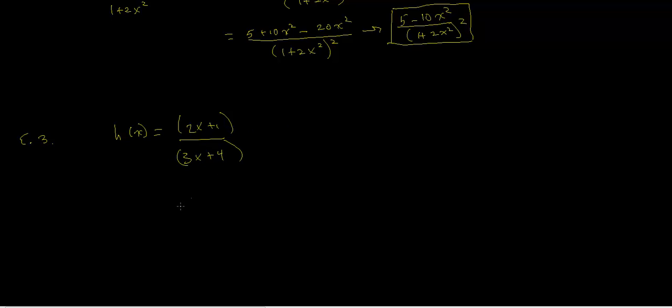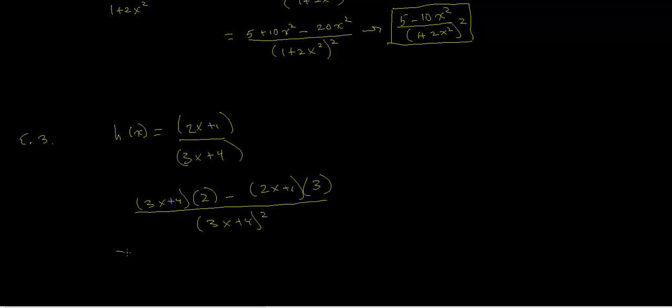Okay. Again, our derivative, using our quotient rule, we take the lower function, which is 3x plus 4, multiplied by the derivative of the upper function, which is, in this case, just 2, minus the upper function, 2x plus 1, multiplied by the derivative of the lower function, which is going to be 3, and everything divided by the denominator squared.